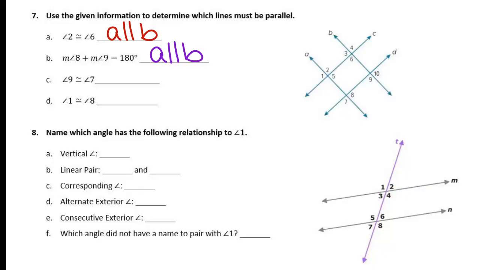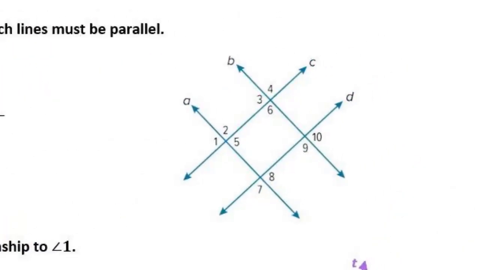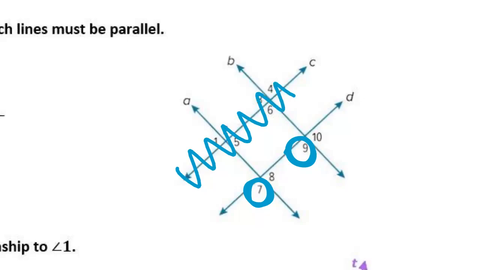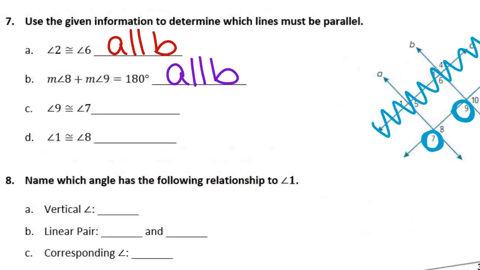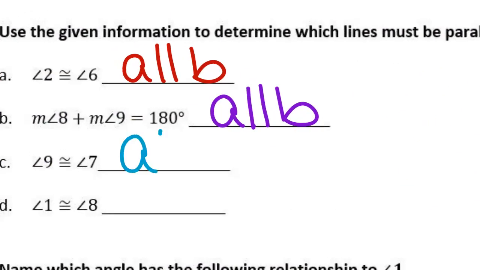All right. 9 is congruent to 7. Here's 9. Here's 7. What's the transversal that connects them? D. Which line does not touch either one? C. So which lines would have to be parallel? A and B again.